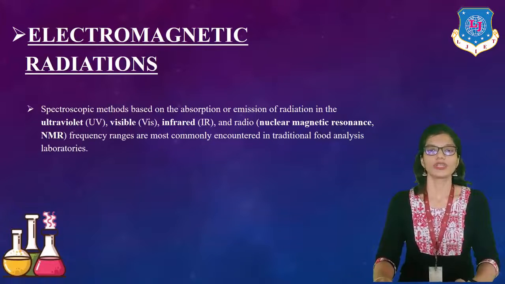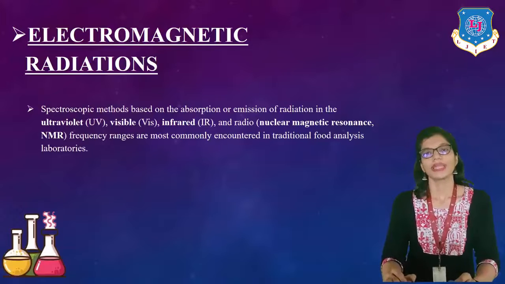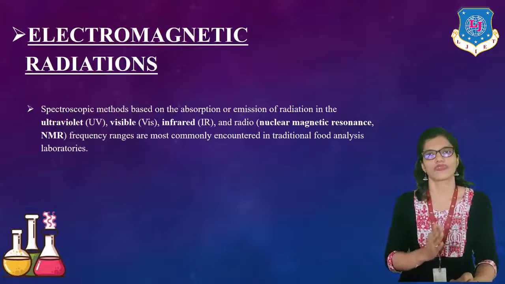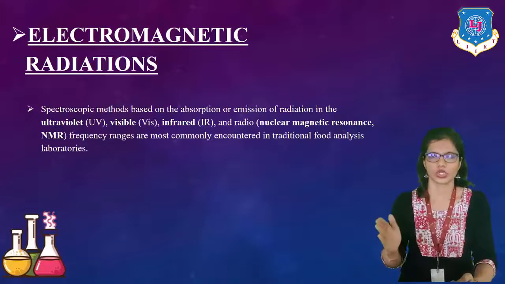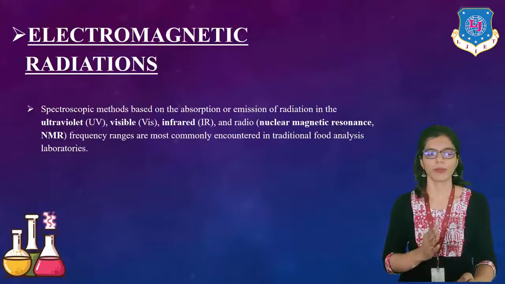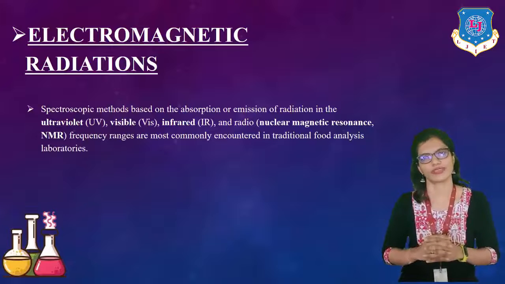Now let's talk about electromagnetic radiations. The electromagnetic spectrum consists of a huge number of radiations. Spectroscopic methods based on the absorption or emission of radiation in the ultraviolet, visible, IR and radio regions are the frequency ranges most commonly encountered in traditional food analysis laboratories.